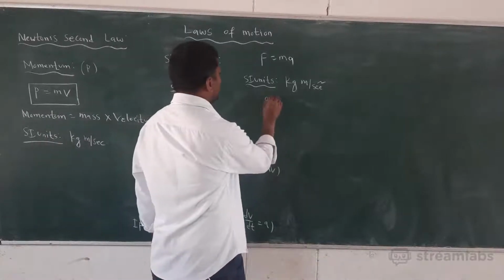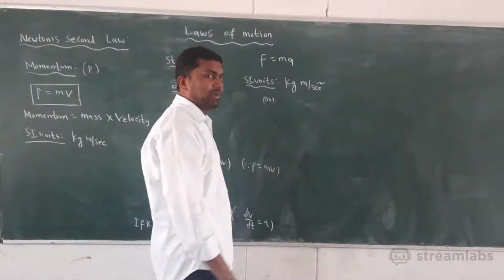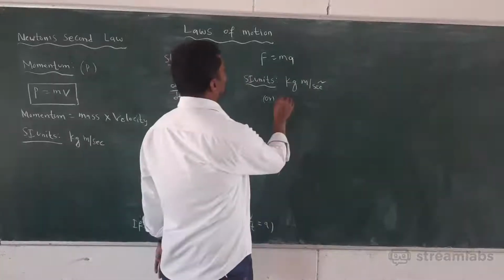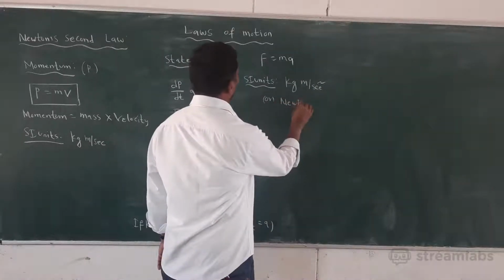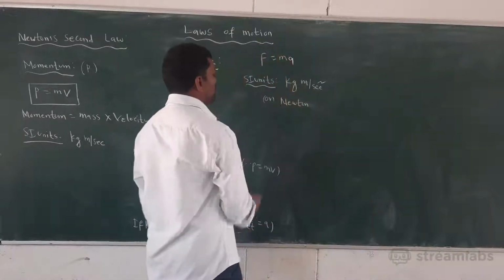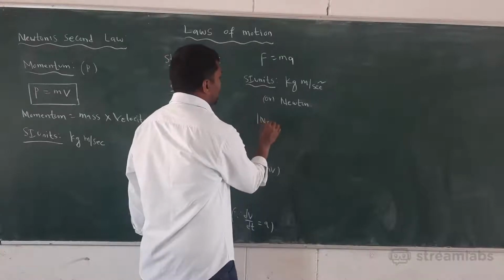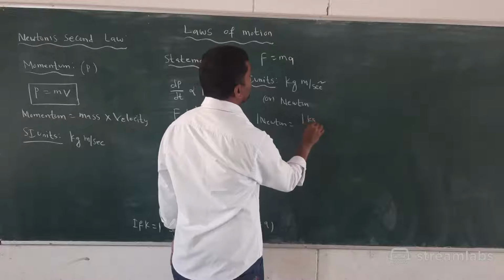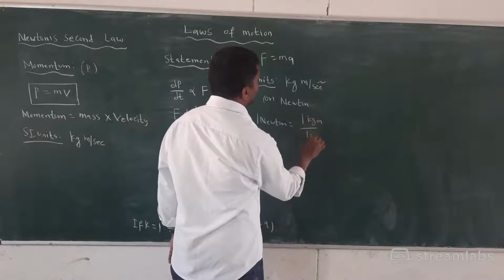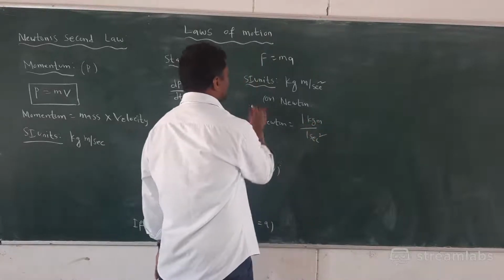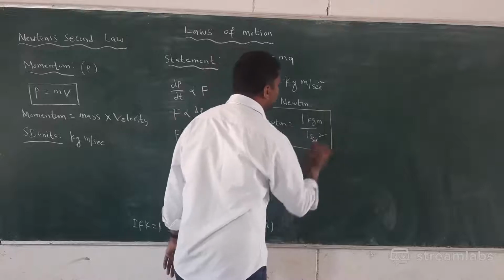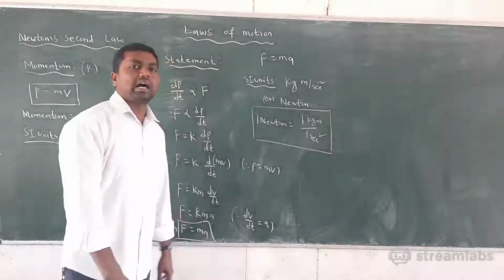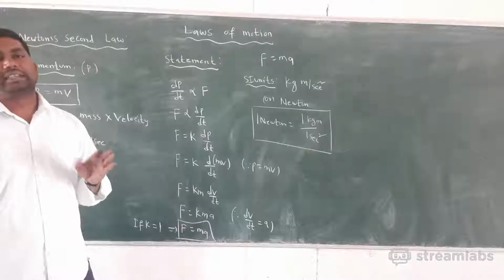Or we can use the unit named after the scientist Newton. So force is measured in Newton. So 1 Newton is equal to 1 kg meter per second square. So force is measured in terms of Newton or kg meter per second square.